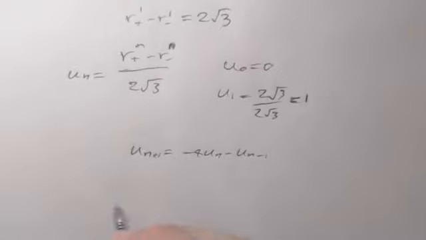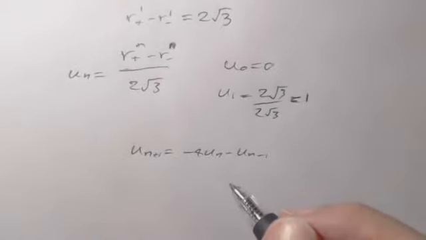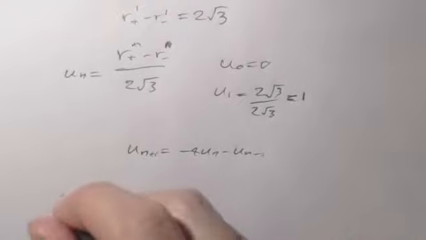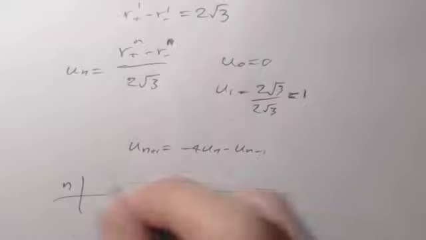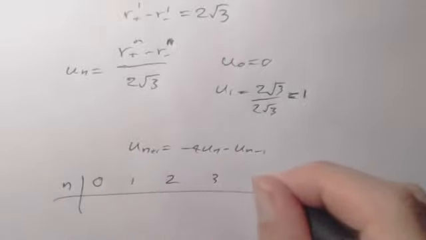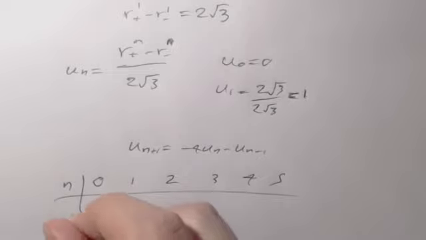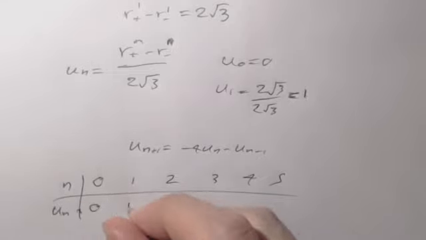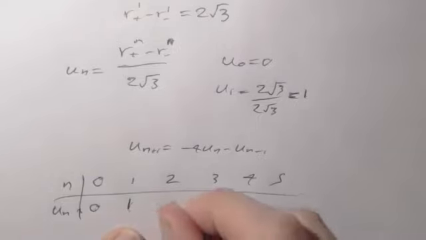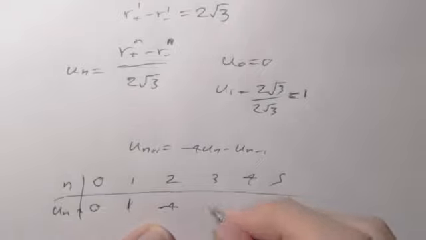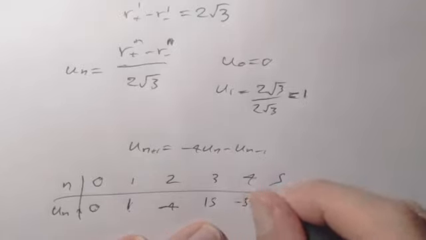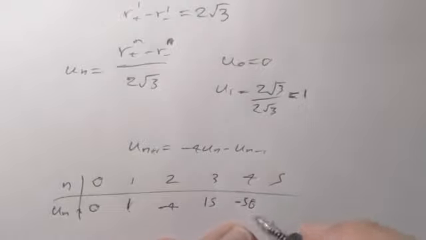and therefore it's very easy to calculate the first n terms, so the first 5, so 0, 1, 2, 3, 4, 5, and u0, u1, the first two terms, and so it's minus 4 times this, minus this, so it's minus 4, then it's going to be 16 minus 1, 15, it's going to be minus 60 plus 4, minus 56, and then it's going to be 224 minus 15, 209.